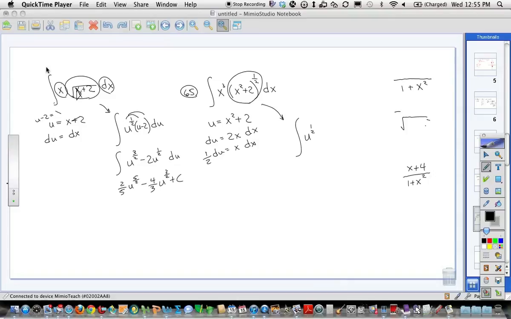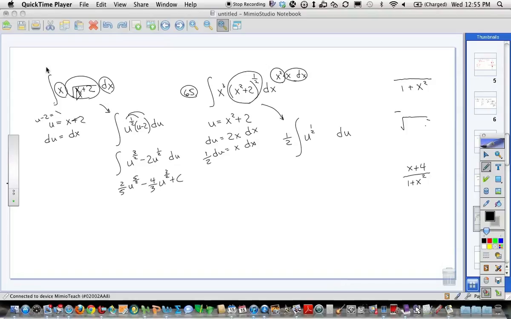But with times, that's a little different. X cubed dx, I could write that as x squared times x dx. That's my x cubed. Now I can look at this and say, okay, that part right there, that x dx, I can sub out as a 1/2 du. That's perfectly fine. So what that leaves me with is an x squared unaccounted for.